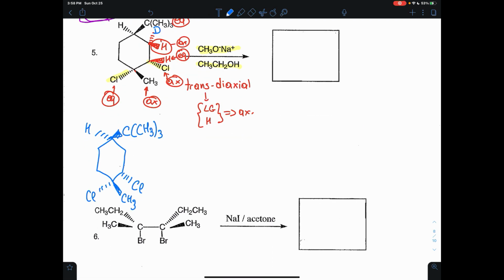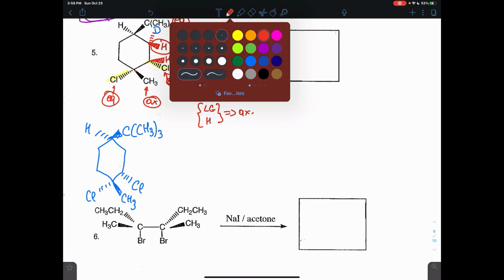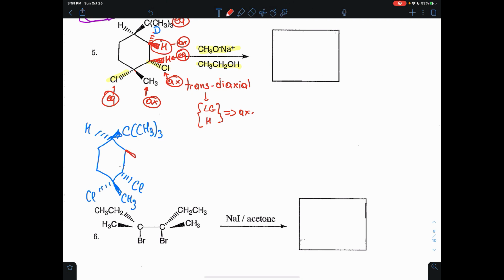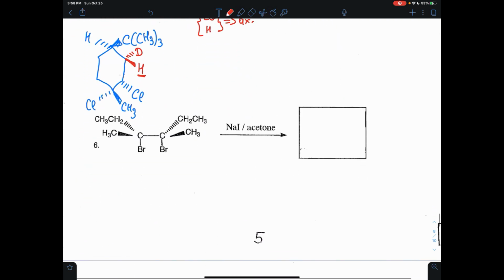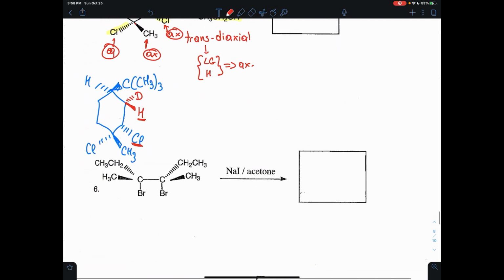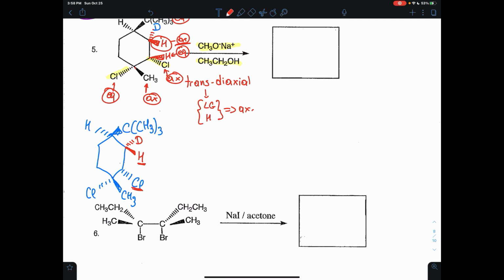Right, so now if I look at these two, I have a hydrogen right here, and on a dash, I have the deuterium. Now, as mentioned before, this hydrogen is going to be on axial, right? And we know that this Cl is going to be on axial. So you gotta be able to know which ones are gonna be on axial.